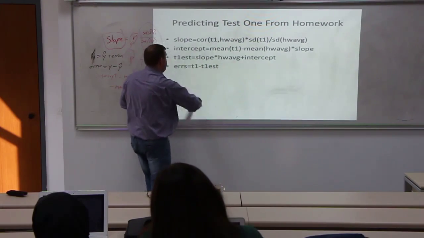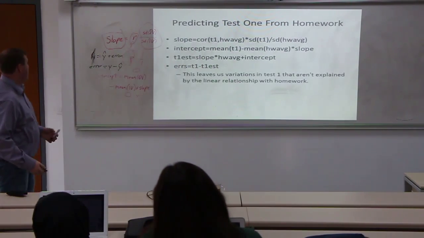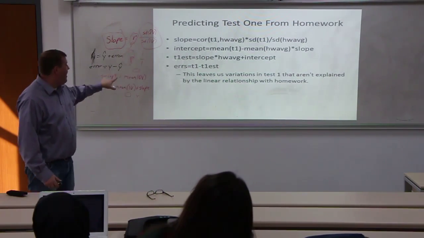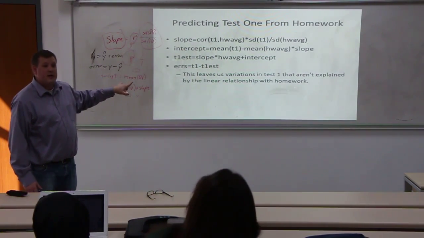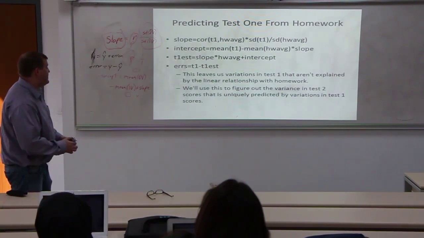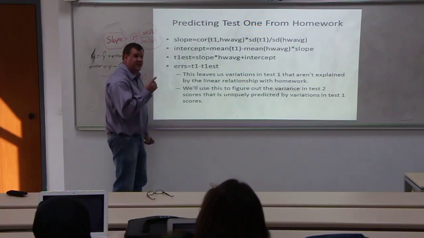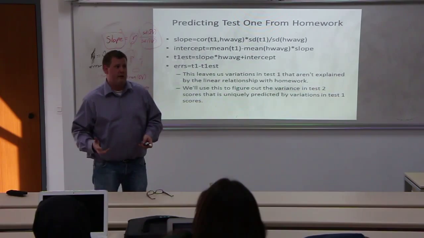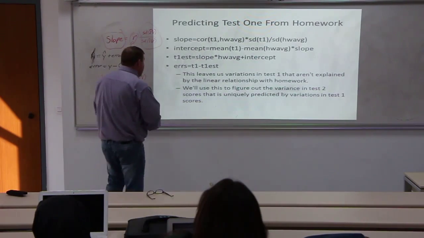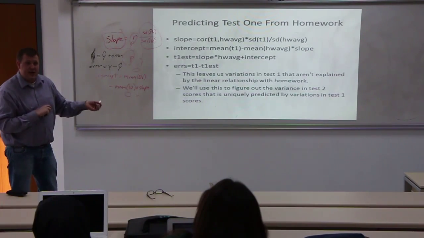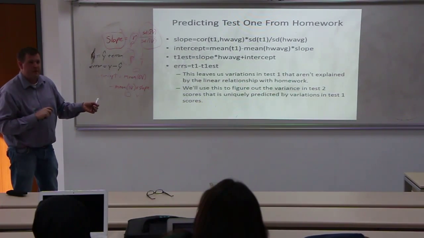So now, what can we do? Well, the errors, this leaves us the variations in test 1 that are not explained by the linear relationship with homework. So we can use this to figure out if the variance in test 2, which is the dependent variable that we are really interested in, is related to the unique variations in test 1, right?